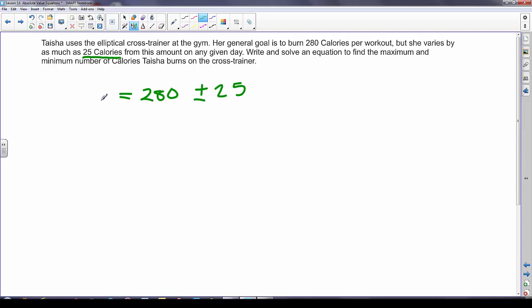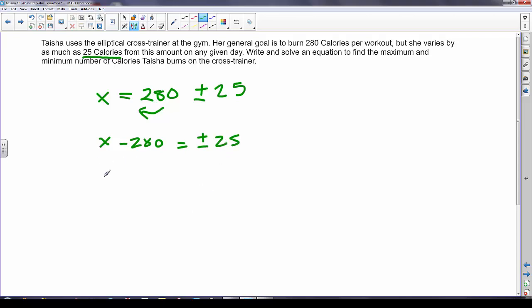And that will give me some value of x. Notice how I'm going to work this backwards. Here's my plus and minus. I got my plus and minus from using some kind of absolute value. So what I'm going to do is take the 280 over to the other side and get x minus 280 equals plus and minus 25.